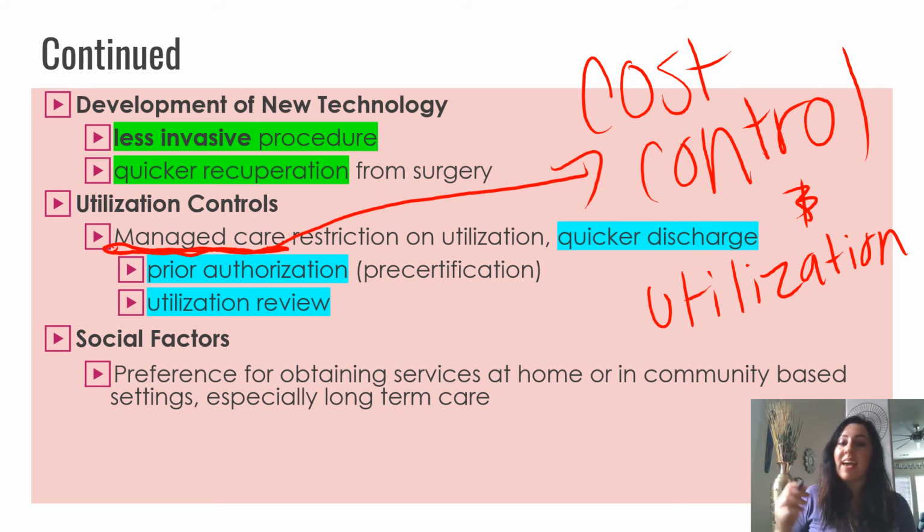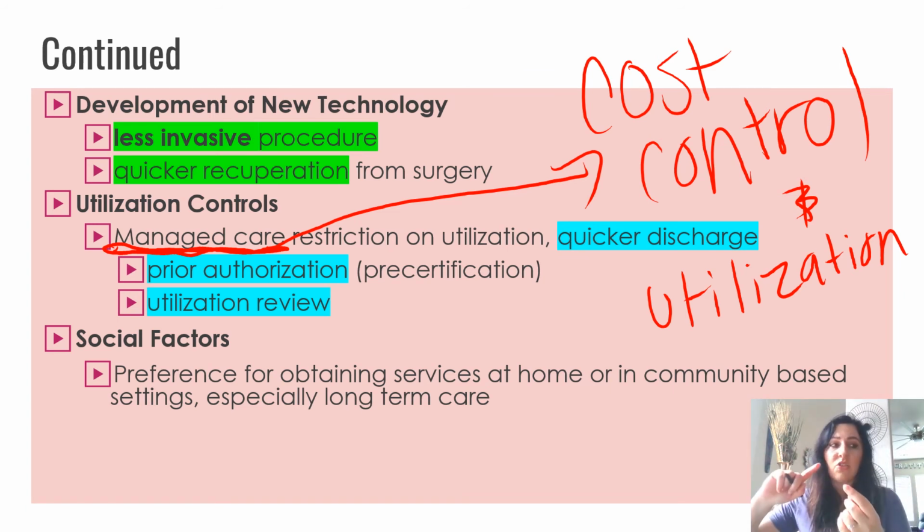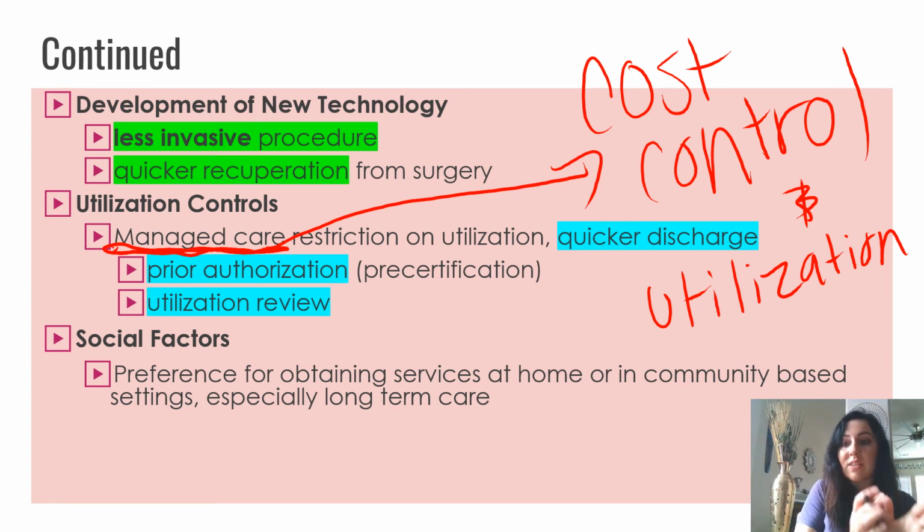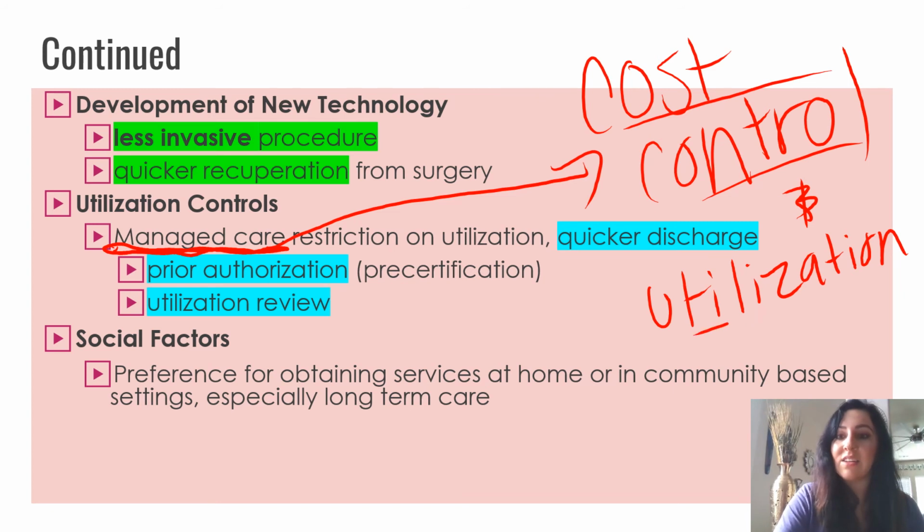They would have contracts with hospitals, group providers, specialists, and all the physicians, and they would be very restrictive as to what the physician was allowed to do for the patient. If the patient needs a certain service, there's a protocol of approval that the patient has to go through before they can receive that service, because managed care likes to control costs and utilization. They have systems in place to make sure there's no waste.